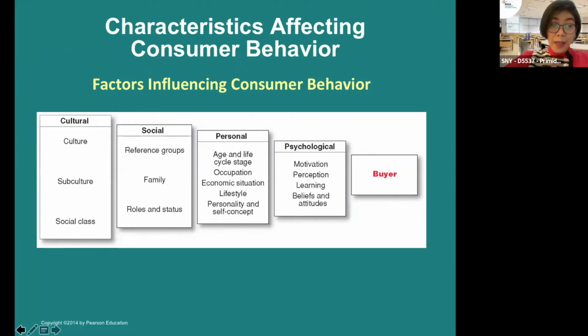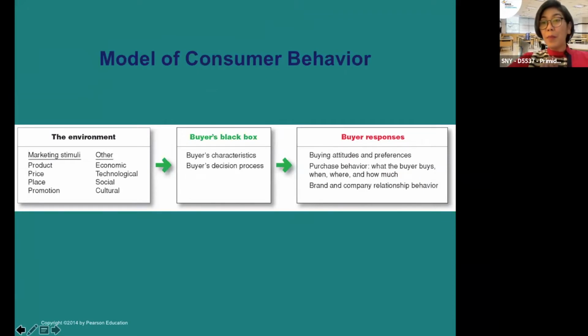Now, here we see how three people, you guys from the same age, the same school, the same program, all male consumers, have different tastes and different preferences, right? Why? Because of that buyer's black box.